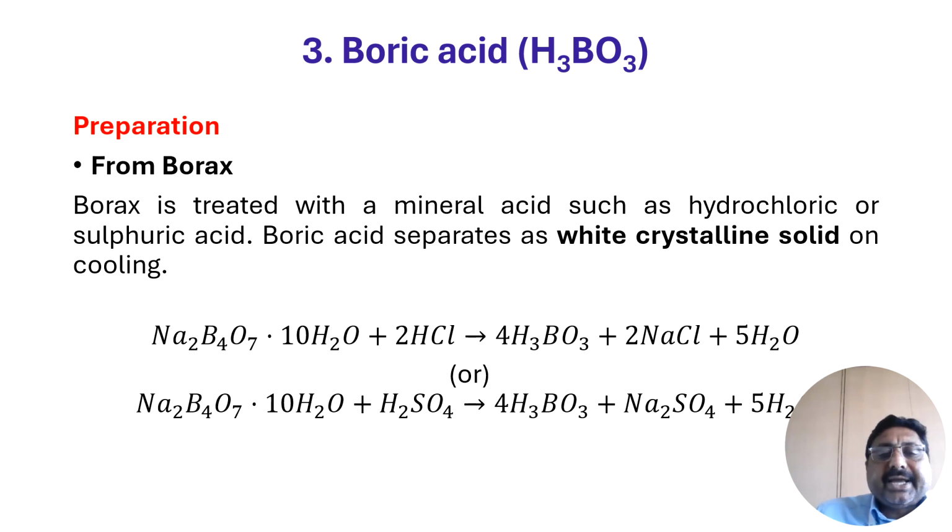We will get boric acid. It is obtained as a white crystalline solid if we cool the solution. The borax formula we must know. This borax with 10 molecules of water and hydrochloric acid or sulfuric acid gives H3BO3, that is boric acid.